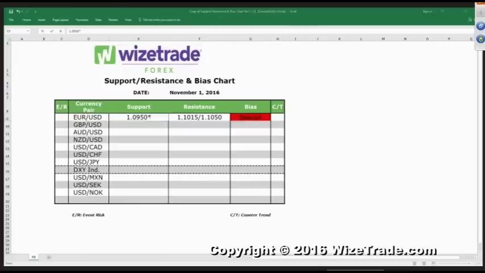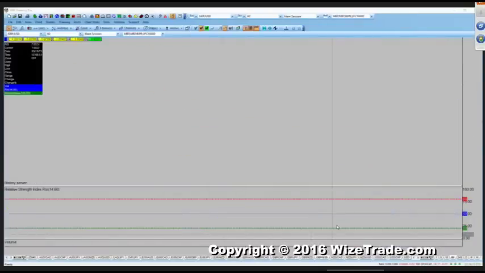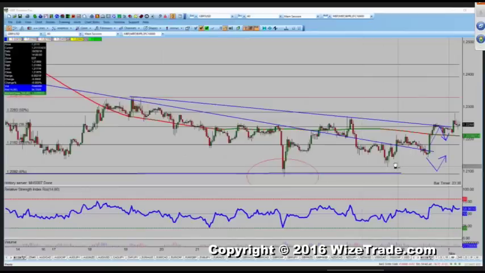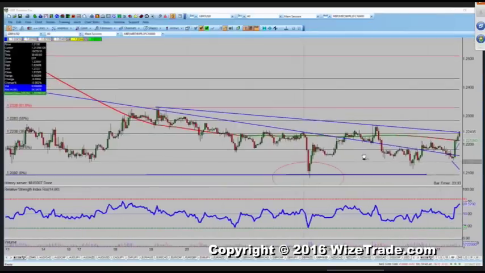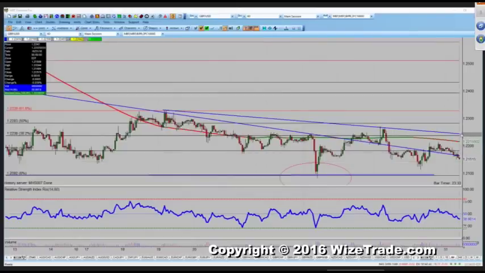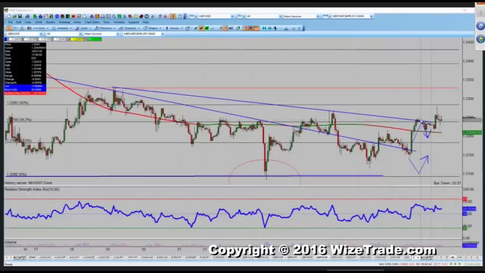All right, let's take a look at the cable. So here's the pound dollar. So here we were yesterday, right? Like, oh, look, a rally to the trend line is going to be a good resistance. We drew it, and we rallied right to the trend line, resistance, started to pull back.